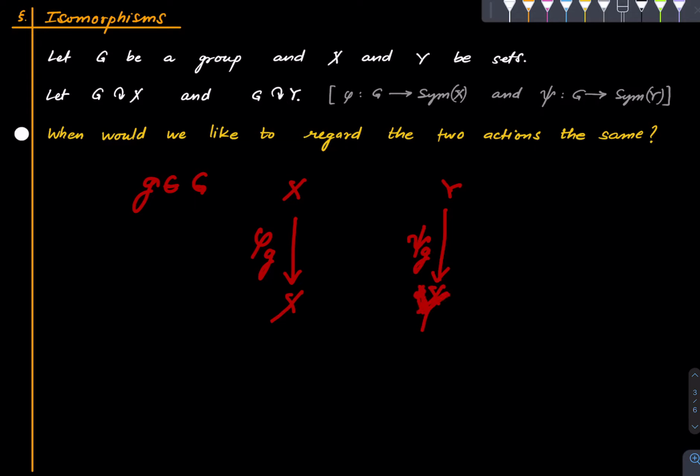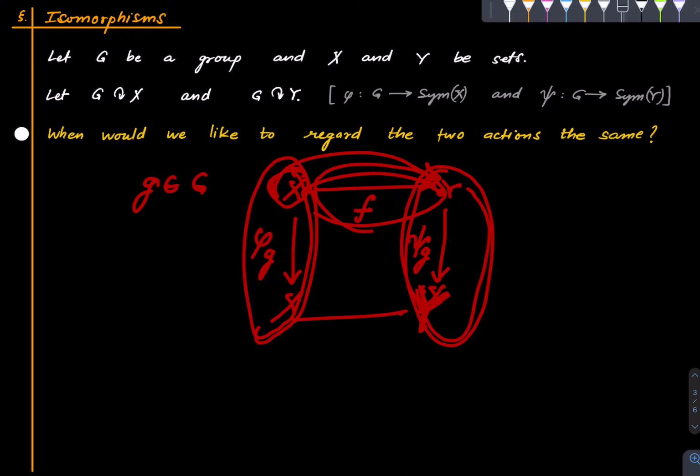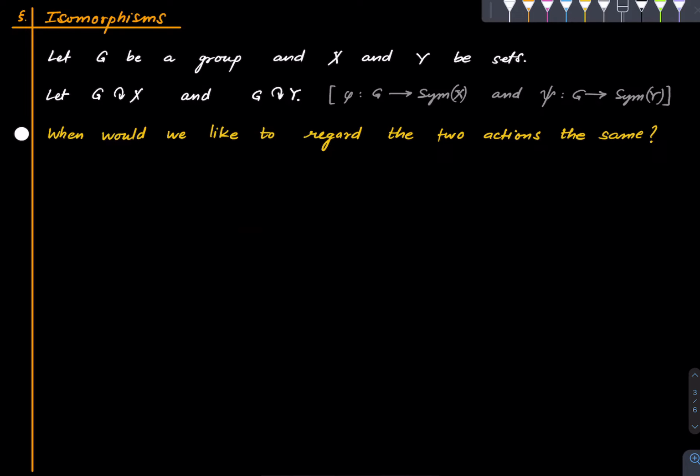An isomorphism between these two actions would be a bijection between X and Y, such that after you change these names, the permutation that you get here is the same as you permute first and then change the name. Think of f as changing the names, changing the dresses. Whether you permute first and then change the names or you change the names and then permute, it should be the same thing.